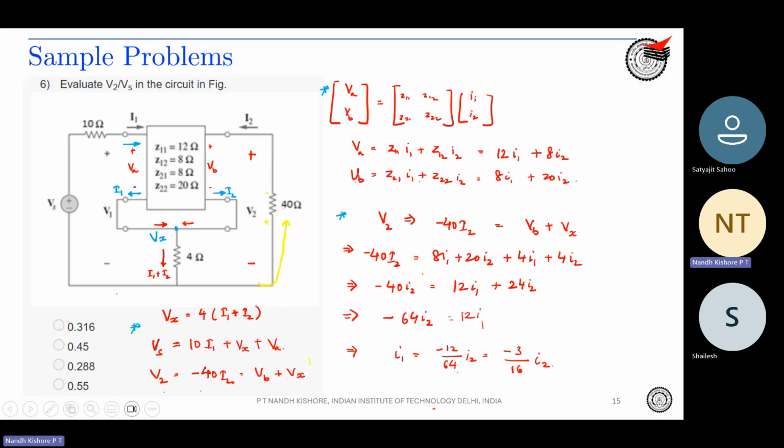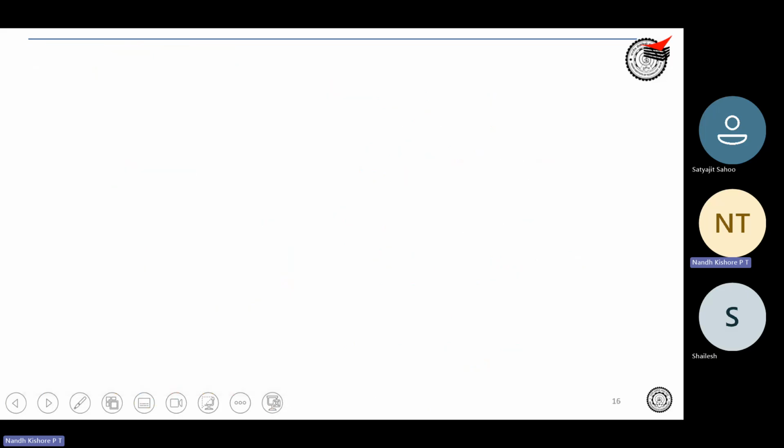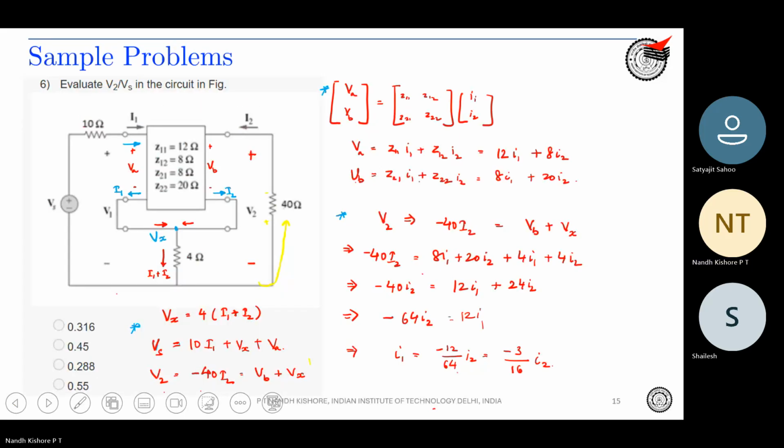So we have now got a relationship between I1 and I2. Let's directly find out V2 by Vs. V2 is basically minus 40 I2, and Vs is 10 I1 plus Vx plus Va.